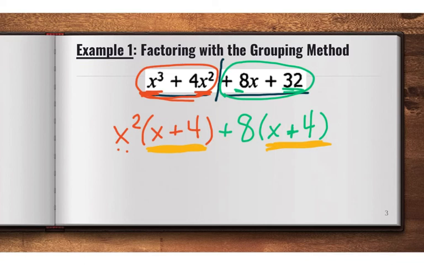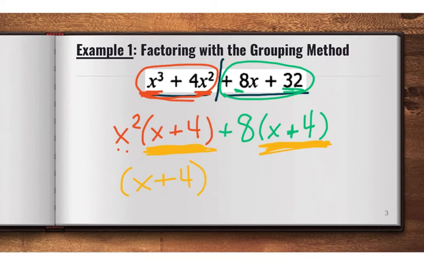It would be kind of like having x squared y plus 8y, and y would be the common factor. All right, so that's a little tricky just to kind of get in your head. But here I'm using these common parentheses, the twins as we'll call them, and I'm going to put that here, x plus 4.